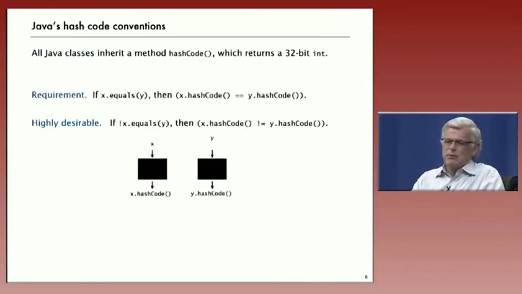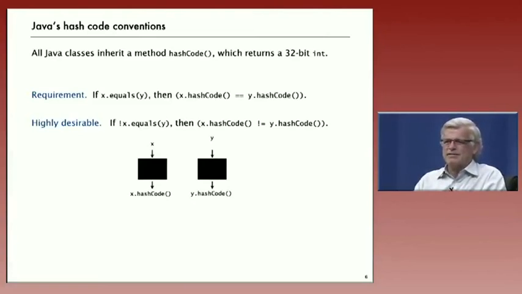So hashing is widely used for systems programming and applications, so some conventions for hashing are built into Java. In particular, all Java classes inherit a method called hashCode, which returns a 32-bit int value. It's a requirement that if x and y are equal, then their hash codes should be equal.